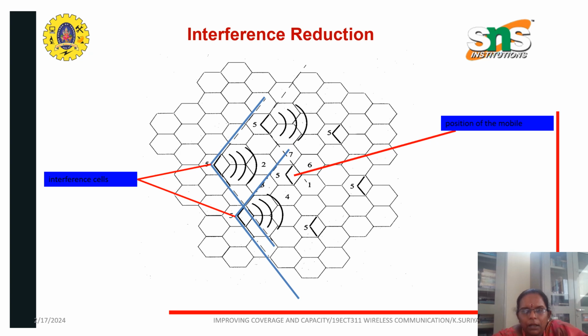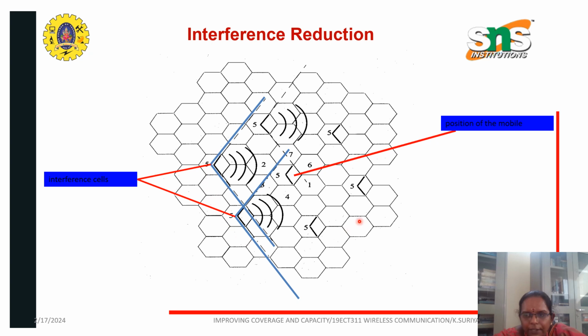Here is a diagram which shows how the interference gets reduced in the cell sectoring method. If you are using an omnidirectional antenna, this particular cell 5 will receive interference from all these 6 cells, because omnidirectional antennas radiate the power in all directions.